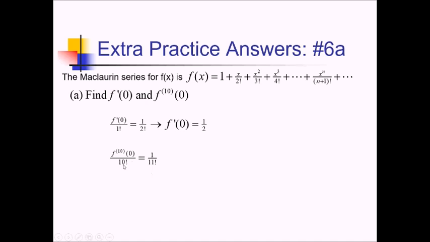Multiplying both sides by 10 factorial to isolate this 10th derivative, we have 10 factorial over 11 factorial. So this is basically 10 times 9 and all those numbers over 11 times 10 and all the rest of them. So basically, we have 10 times 9 times 8, yada yada, all canceling out, leaving us with a 1 in the numerator and an 11 in the denominator. So the 10th derivative of 0 is just going to be 1 over 11.